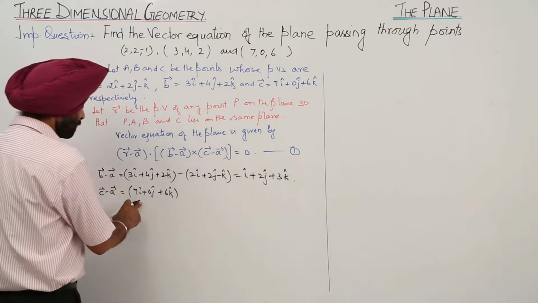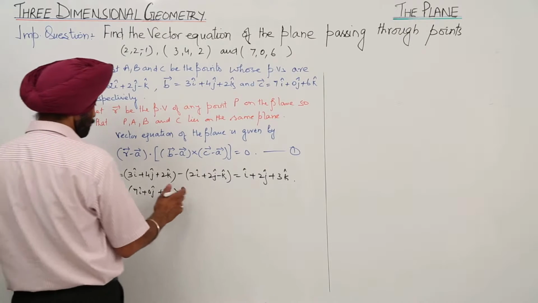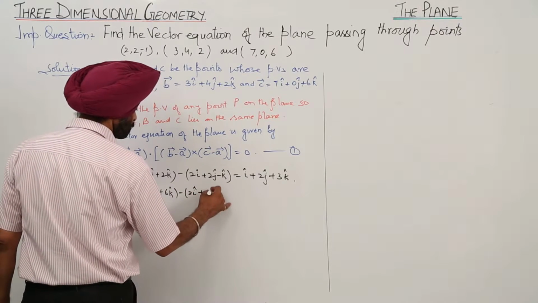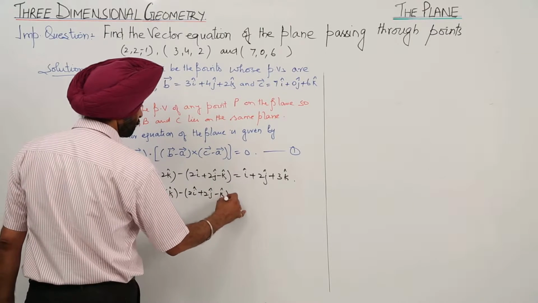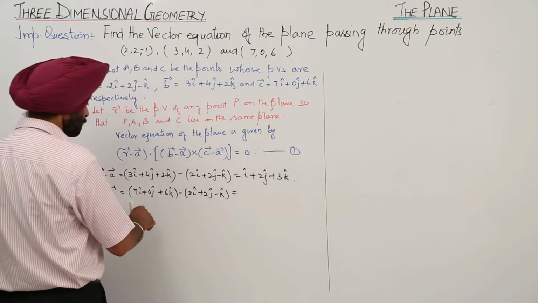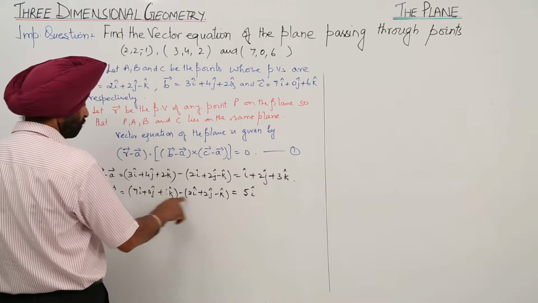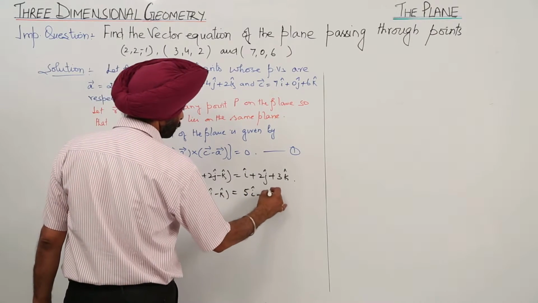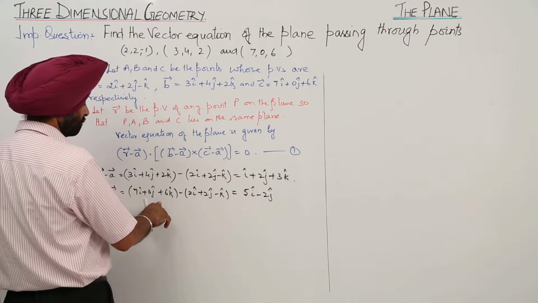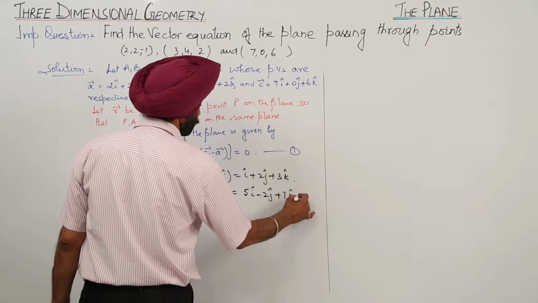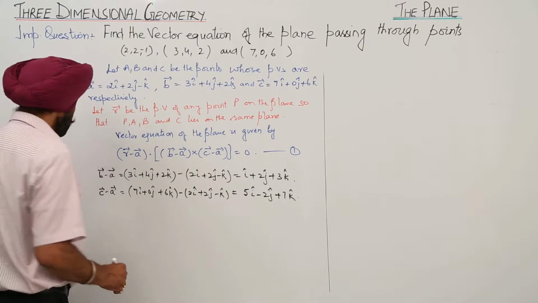So, 7i cap plus 0j cap plus 6k cap minus 2i cap plus 2j cap minus k cap is equal to, now 7 minus 2, 5i cap minus 2j cap and plus 7k cap. One thing.